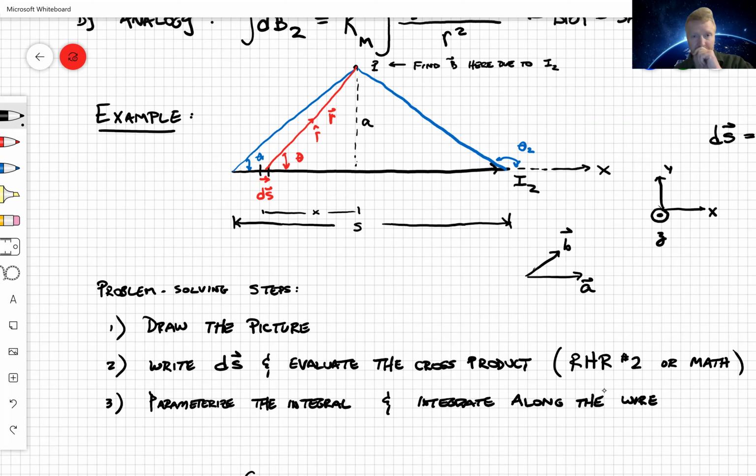Now remember, these quantities, you're doing this at the wire, right? Here's your dx at the wire, your ds crossing with r hat at the wire. But the result of the cross product is actually located up here at point P. It's not down here with the wire.